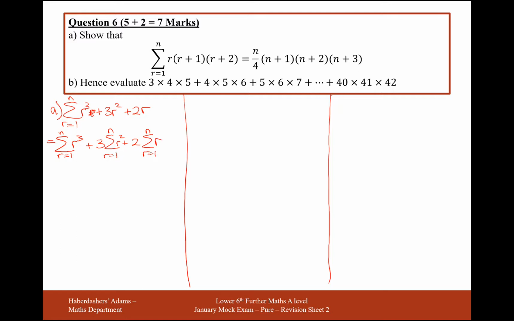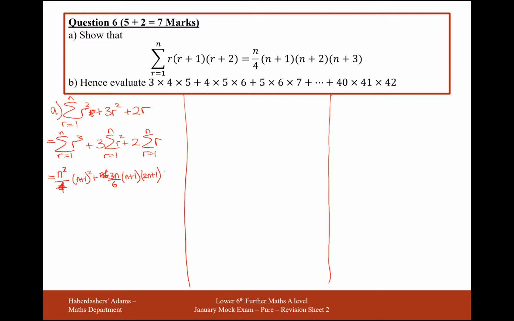And now we're going to recall all of the formulas that we have for these expressions here. So for the r cubed one, look into your formula booklet and you see this one will be n squared over 4, (n plus 1) squared. The next one's going to be n over 6, but it'll be times by 3, so it'll be 3n over 6, (n plus 1)(2n plus 1).